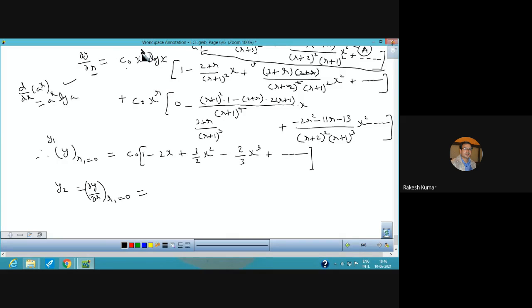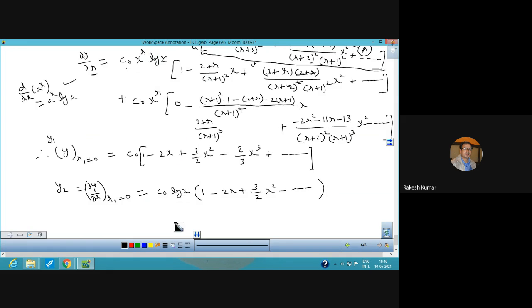Put r1, meaning r equal to 0. So you will have C naught x raised to power 0 is 1. So log of x is there. Inside we shall have 1 minus 0. That is 2 over 1 is 2x plus 3 by 2 x square. You can check it and so on.